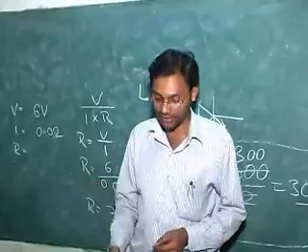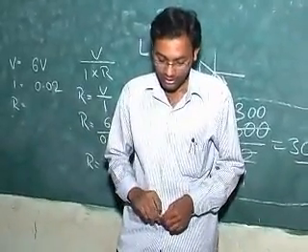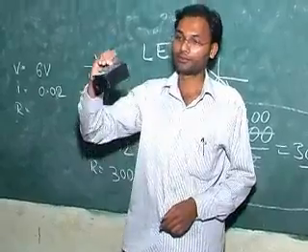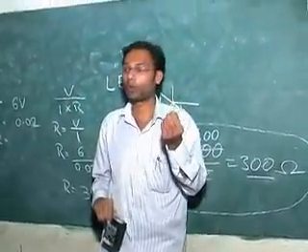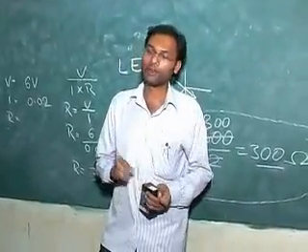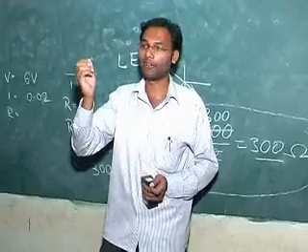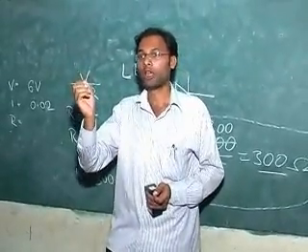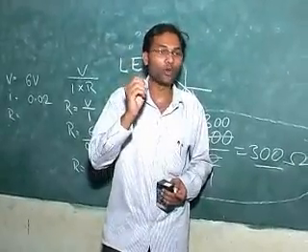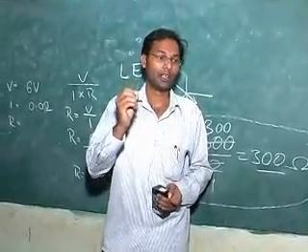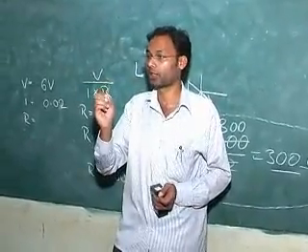Because, see, I'll tell you. We have a 6-volt battery. We have an LED. And what do we require now? A resistor. Even we have a resistor also. But how can you say that this resistor value is 300? Definitely we have to use a 300 ohm resistor.